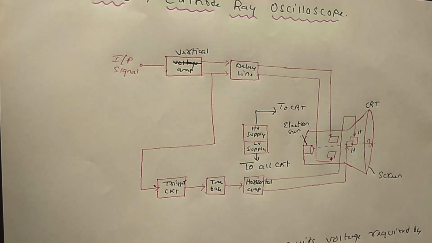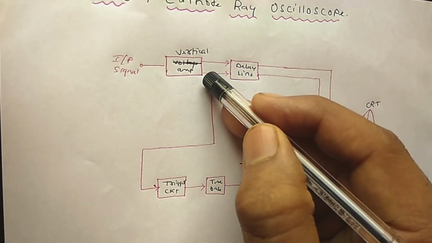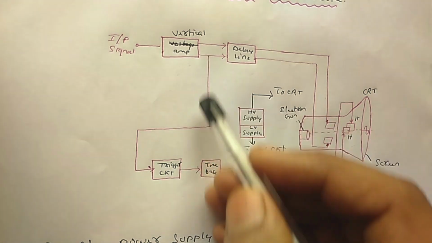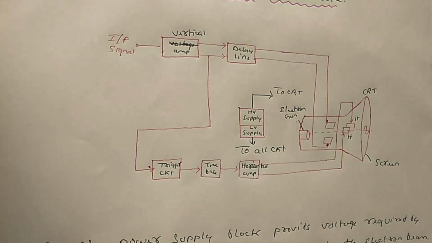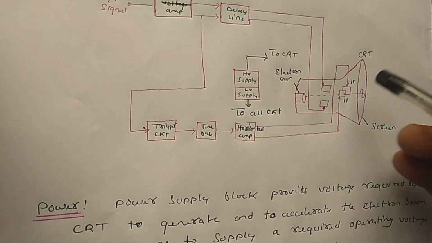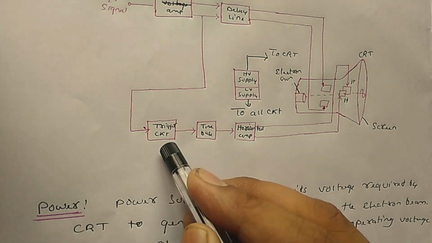So the sweep frequency inside the oscilloscope should be synchronized with the input frequency. Otherwise, if the input signal frequency and the sweep generator frequency are not synchronized, the image will drift off the screen and will not be created on the screen. This is the work of the triggering circuit.